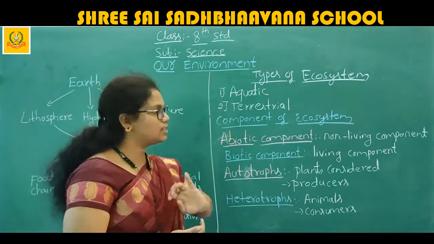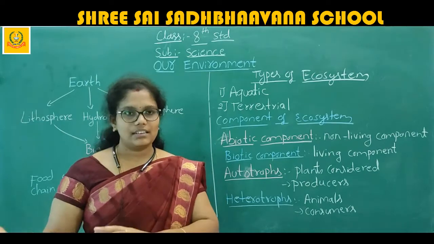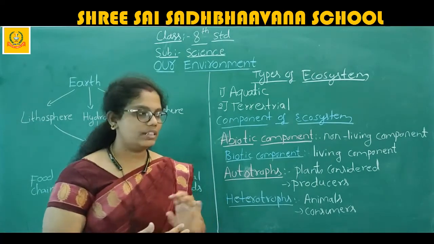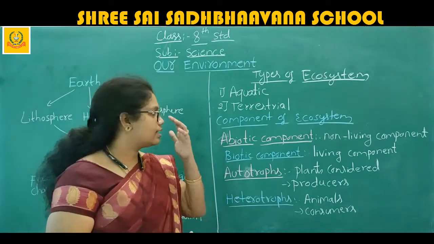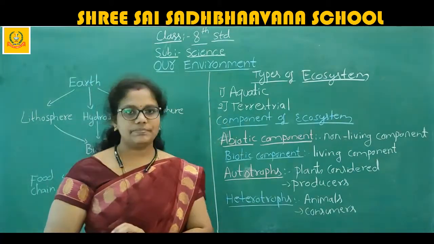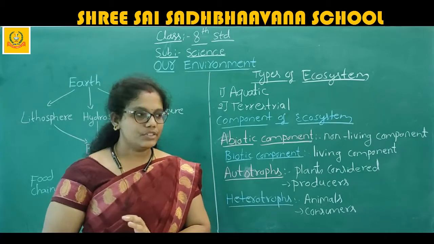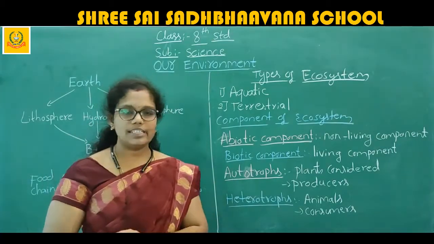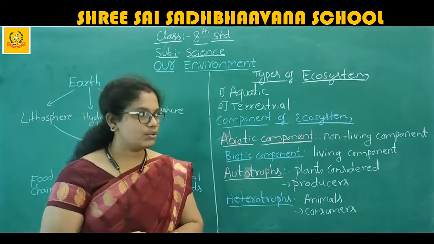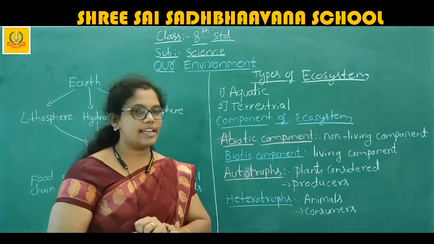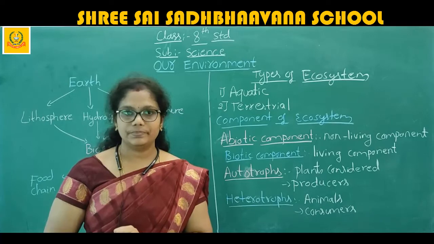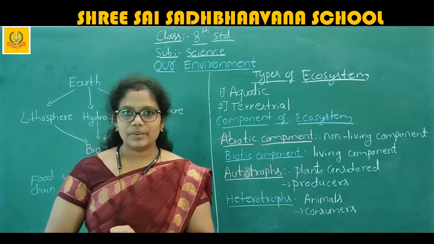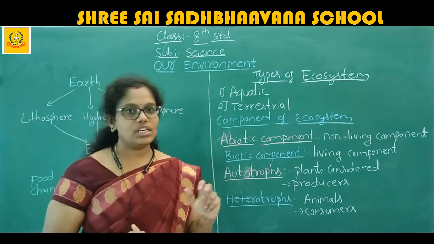And the next one is the terrestrial ecosystem. Other than the aquatic ecosystem, all the ecosystems not in water are called terrestrial ecosystems. And you already know what a man-made ecosystem is: the ecosystem made by man. The best example is an aquarium. The aquarium is made by man, right? It is not a natural ecosystem.